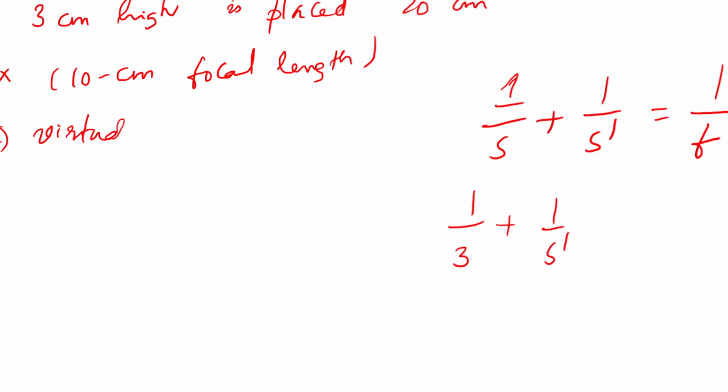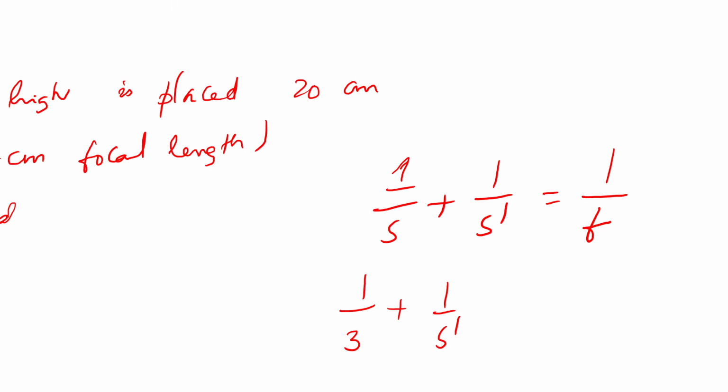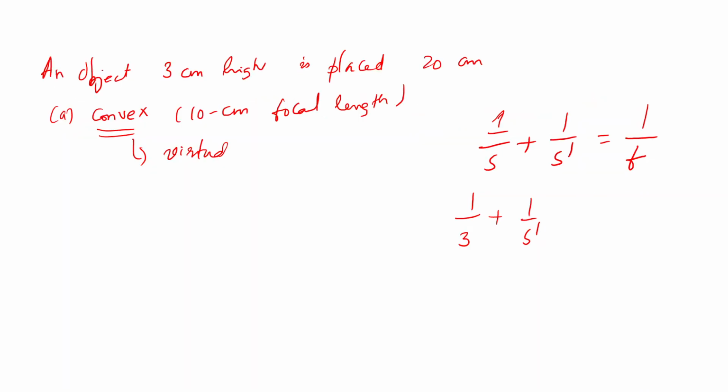For a convex mirror, the center of curvature is to the right, and remember, we defined focal length as minus r over 2. So the focal length for a convex mirror is going to be less than 0, because we are considering the center of curvature on the right side. So the focal length is negative, and here we would have minus 1 over 10. Oh sorry, 3 is the height of the object. The distance of the object is 20.